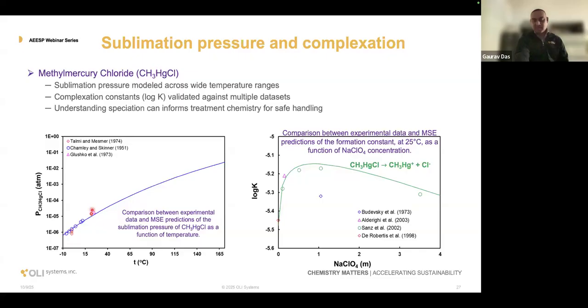And also these model parameters have been utilized for estimating the dissociation constant for methyl mercury chloride, which, in the aqueous phase in the presence of a salt such as sodium perchlorate, dissociates into the methyl mercury and the chloride ion. And this kind of partitioning or speciation phenomenon is very important, which drives the solubility of this compound in aqueous phase.